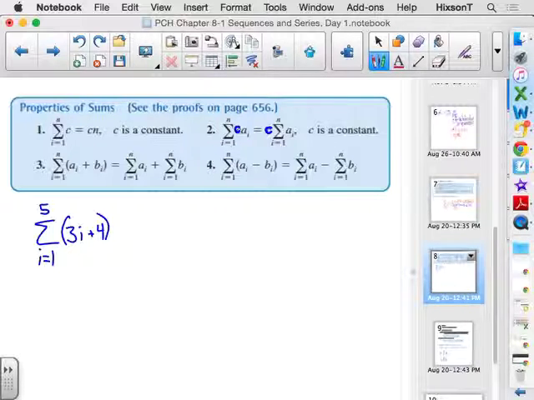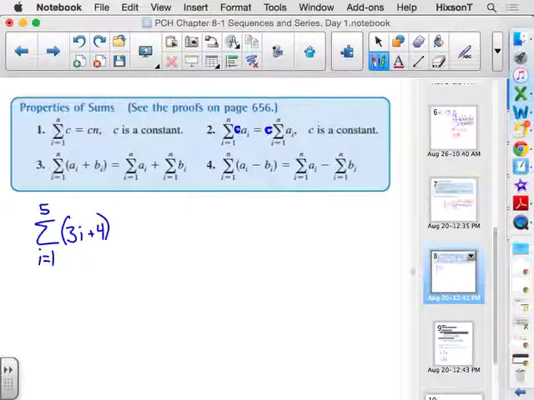Now, there's a lot of notation up here. I would recommend you not try to just memorize all the notation, because you're going to get lost. Memorize the concept. When we have a constant times something, you can pull the constant out. You're factoring out a common factor. That's really what you're doing.